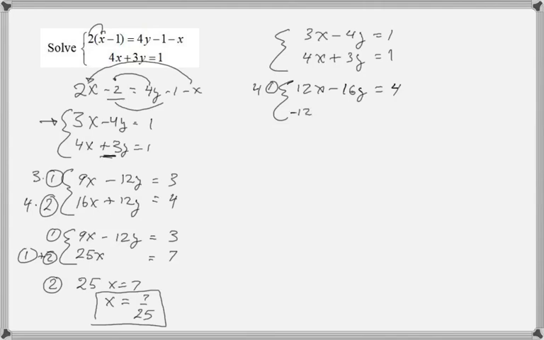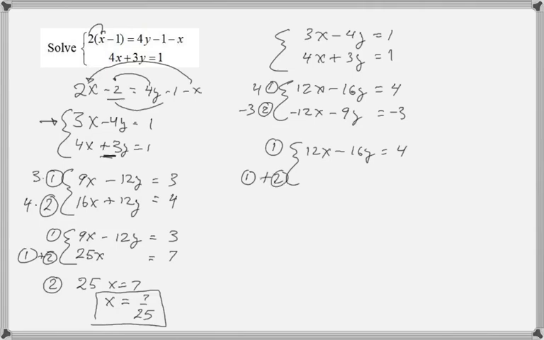And to get a negative 12x, the second equation must be multiplied by negative 3. So negative 3 times positive 3 is going to give me a negative 9y. 1 times negative 3 is negative 3 on the right. Again, keep the first equation. Don't touch it, just copy it down. And then to eliminate my x's, I need to add the first and the second equation.